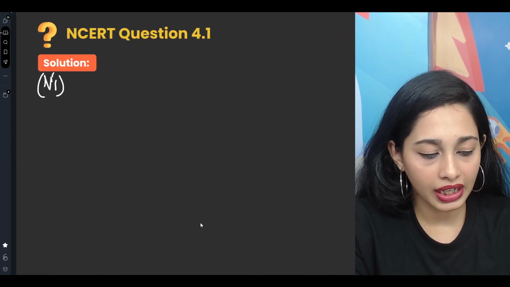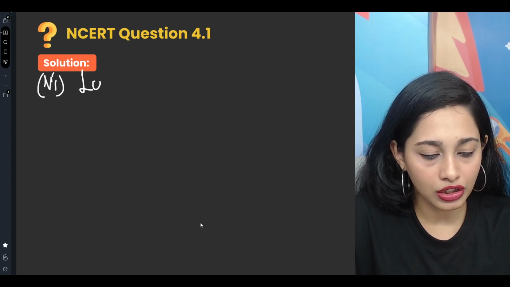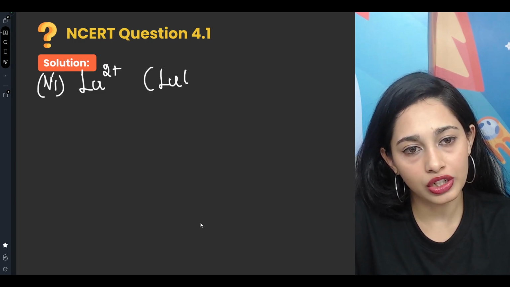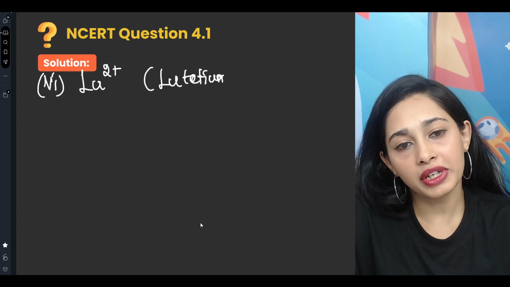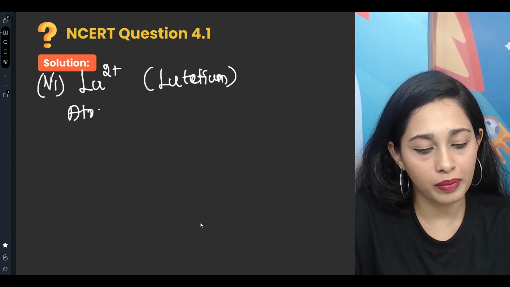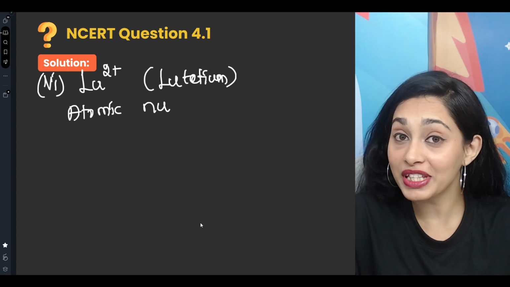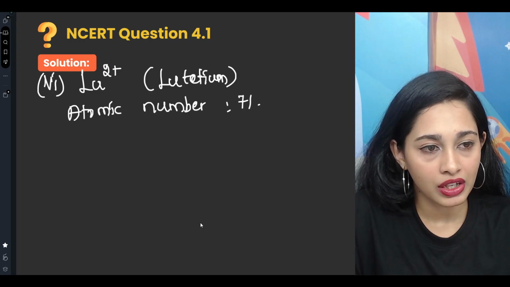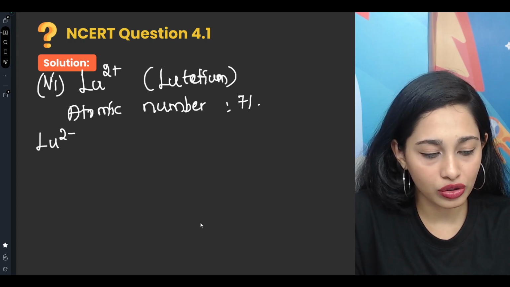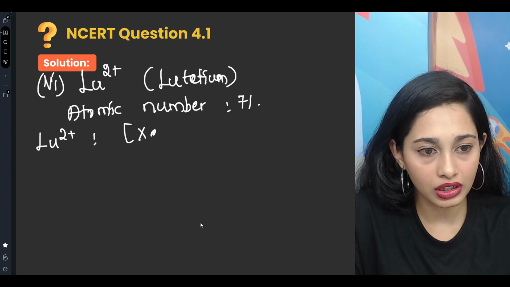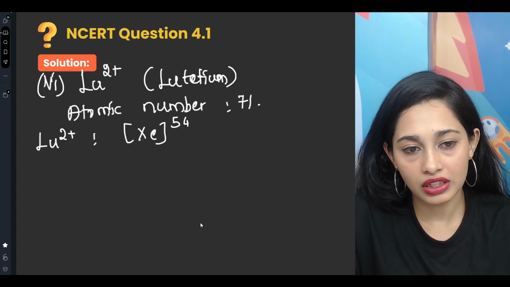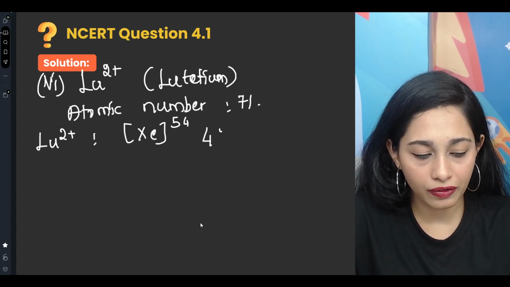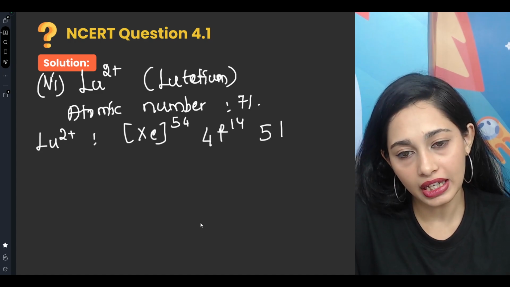Sixth one is lutetium, Lu2 plus. The atomic number of lutetium is 71. So the electronic configuration of lutetium 2 plus will be xenon, whose atomic number is 54, followed by 4f14, 5d1.